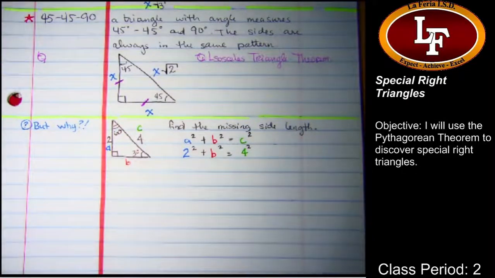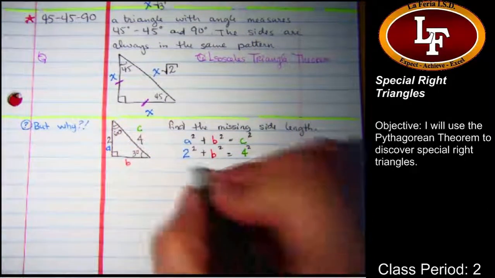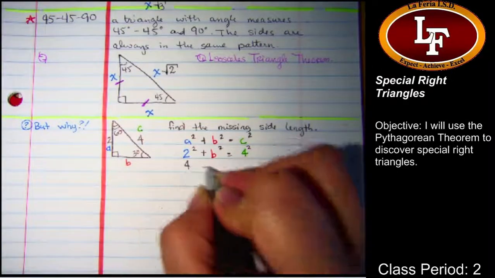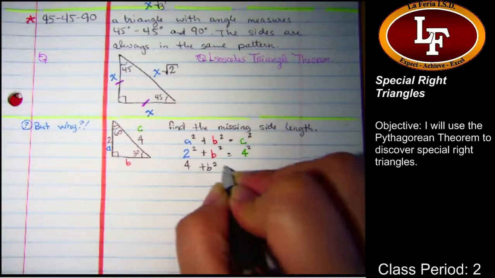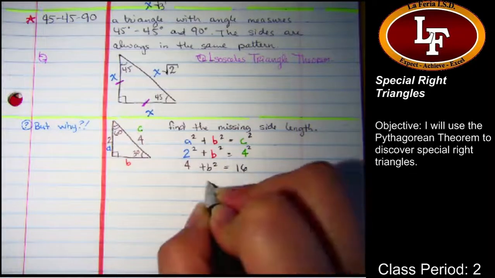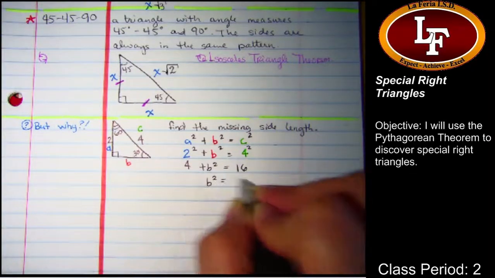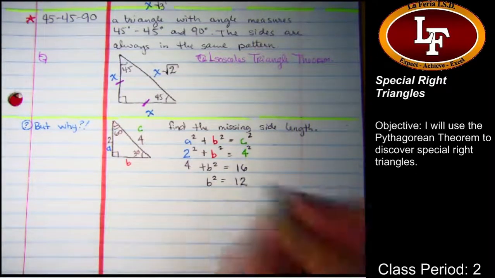Okay, so now we have an equation with only one thing unknown, so we can solve this for B. This is 4. This is 16. Subtract 4 from both sides leaves me with 12.